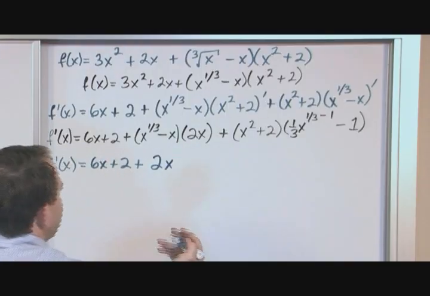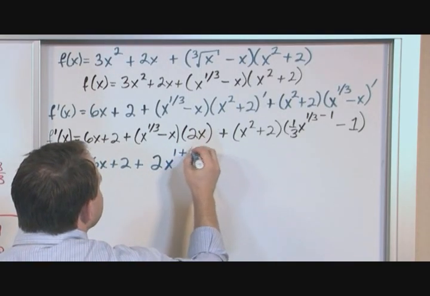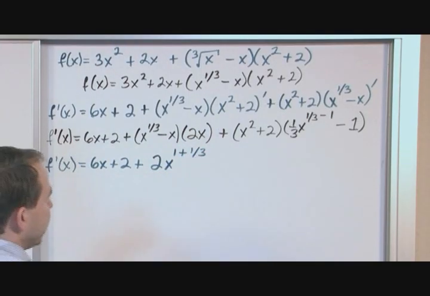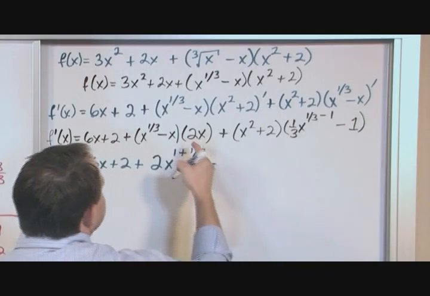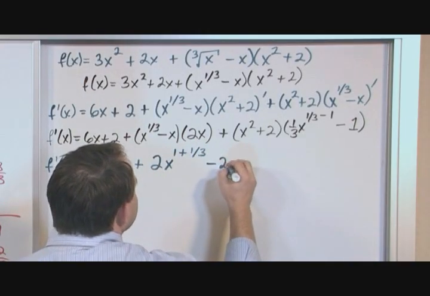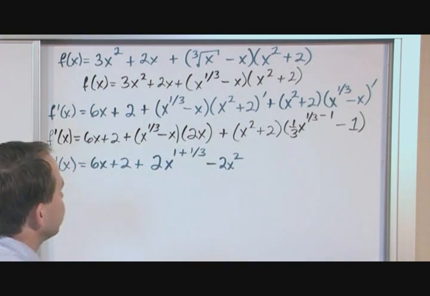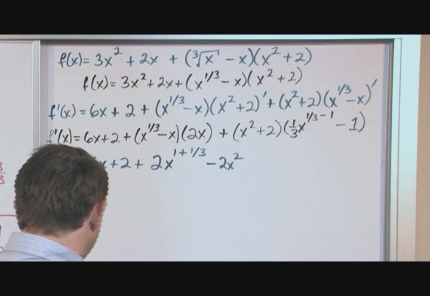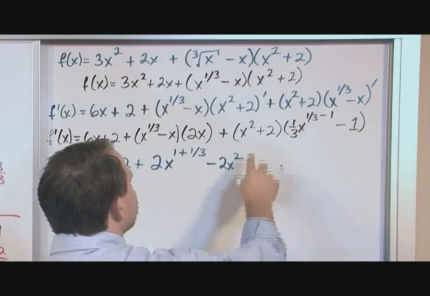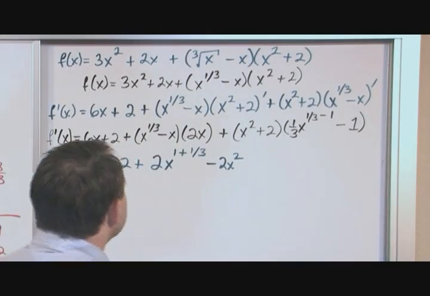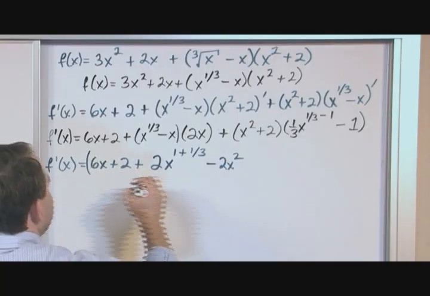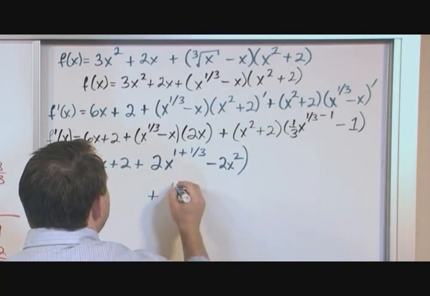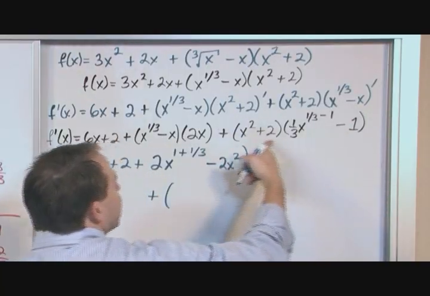So yeah, you can do that in your head, but for right now, just leave it as 1 plus 1/3 and deal with it in the next step. Minus 2x squared from this multiplication, like this. Okay? And then over here, you're actually going to have to do FOIL to figure out all of this stuff. So to make sure I have room, I'm going to go ahead and wrap parentheses around this, and I'm going to add all the terms that I get from multiplying all this stuff out.